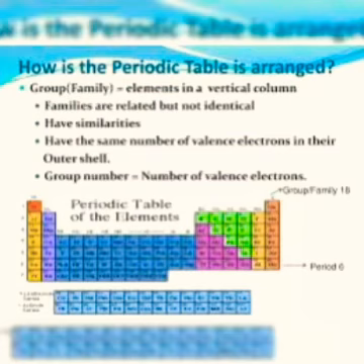The group number is equal to the number of valence electrons. That is the important point. The group number is equal to the number of valence electrons. If you know this point, you can identify in which group or in which period the element is present.